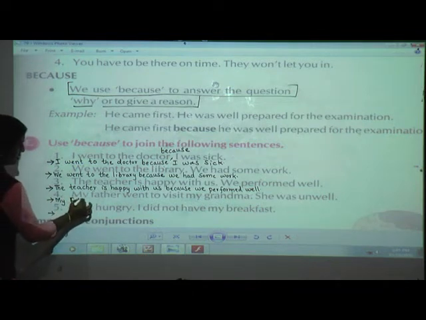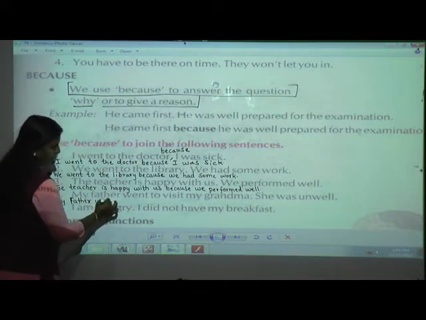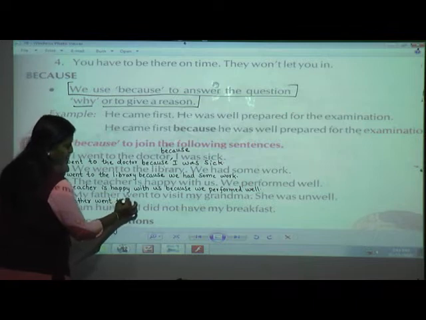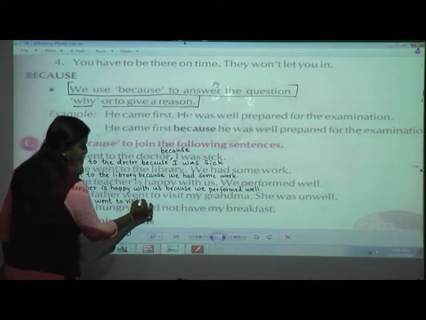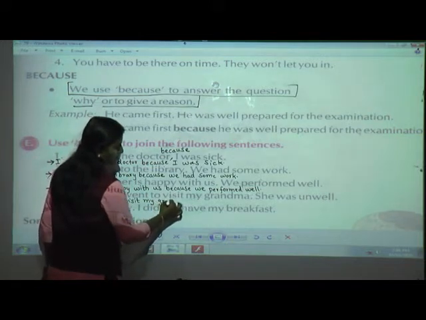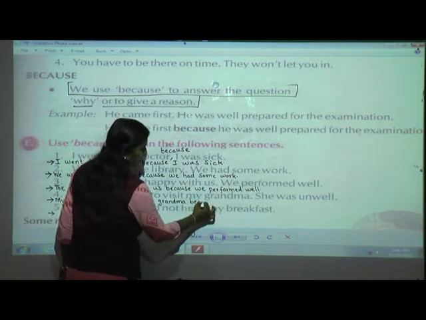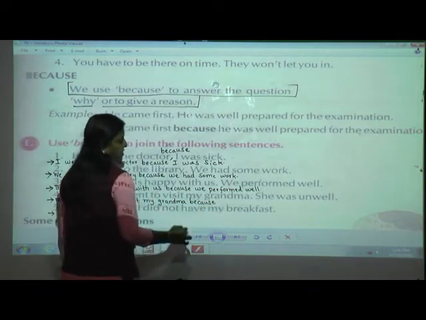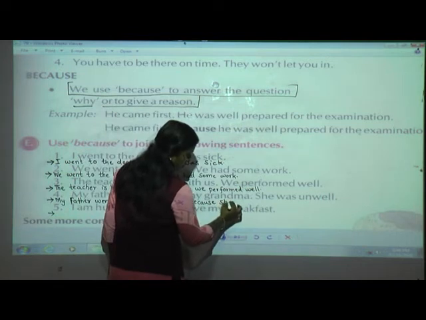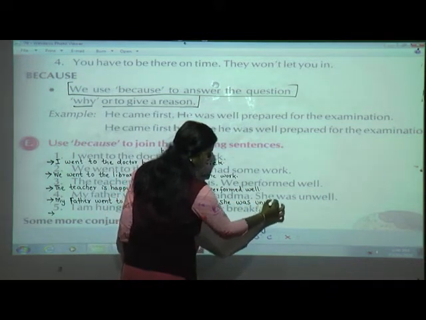F will be small. My father went to visit my grandma because she was unwell. I hope that you are finding this lesson very easy.